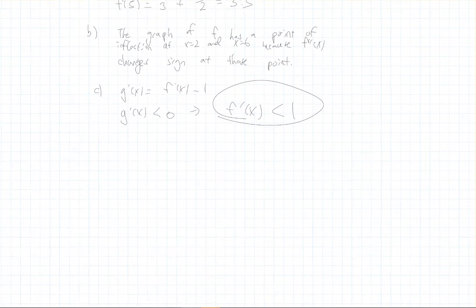So these are the intervals on which g of x is decreasing. So g x is decreasing on these intervals, because g prime of x is less than 0 on those intervals.